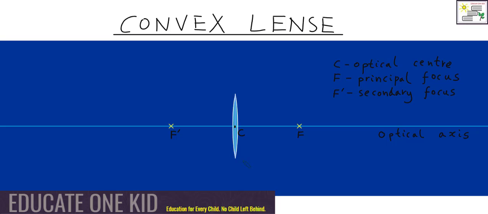And the distance between the principal focus and the optical center, this is called the focal length. Okay, so this distance here, let's call it F. F is the focal length.